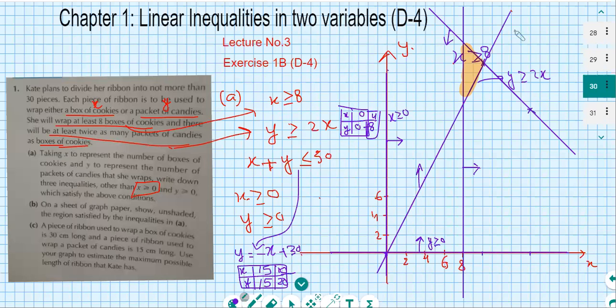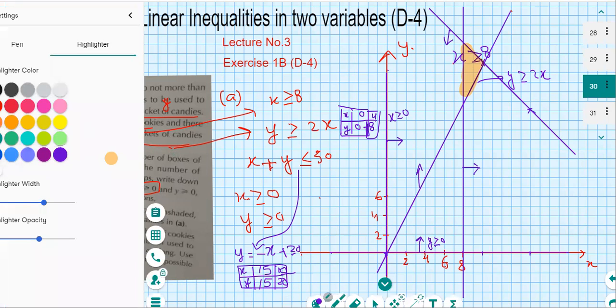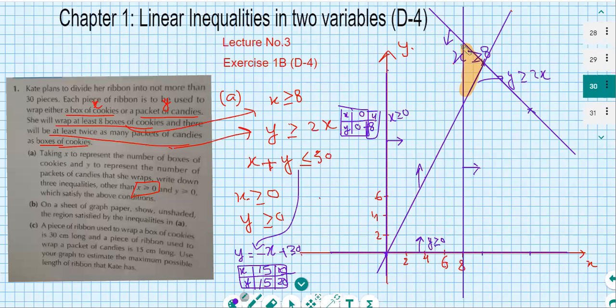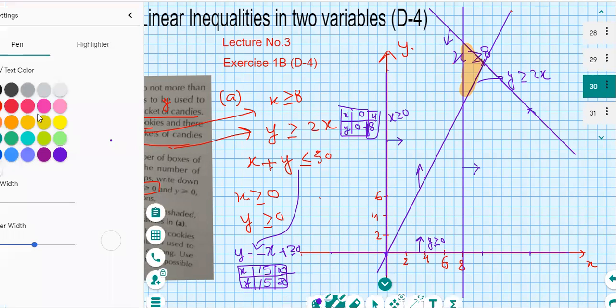So we have three corners of this triangle, or vertices of this shaded triangle. Number one, this one.